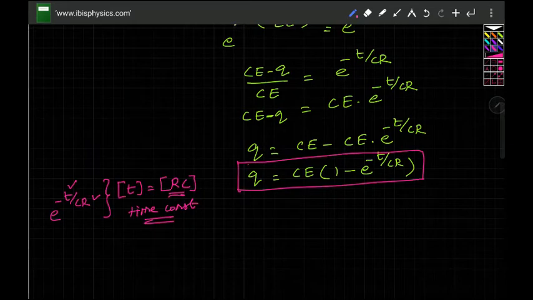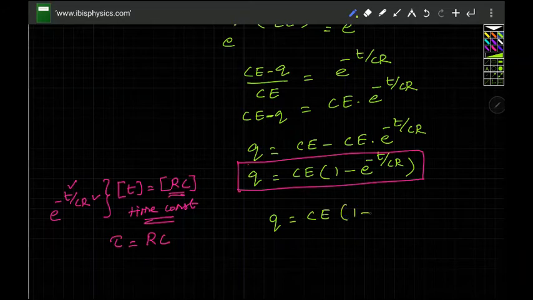That time constant can be named tau. Tau is equal to RC or CR. When you substitute the same over here, what are we getting? Q is equal to Ce into 1 minus e power minus t by tau. Moreover, Q is equal to CV. This is the capacitance, this is the total applied EMF.